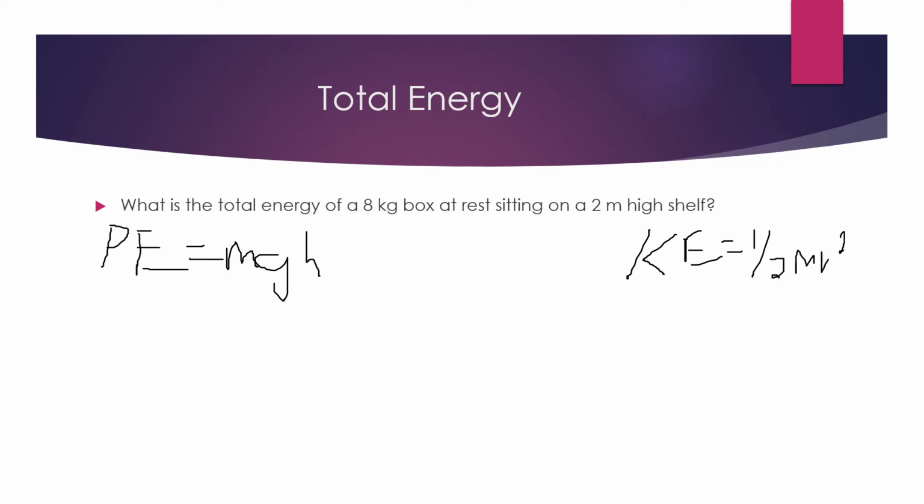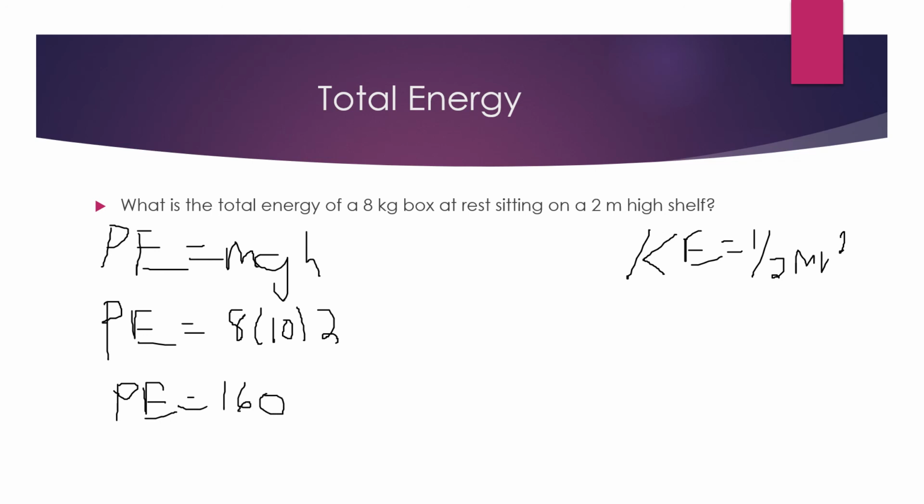So the potential energy, PE equals the mass is 8, gravity is 10, the height is 2. The PE is 160. Love it.